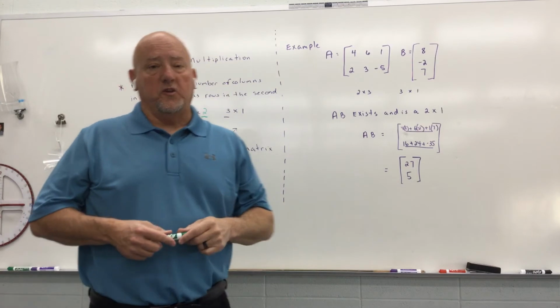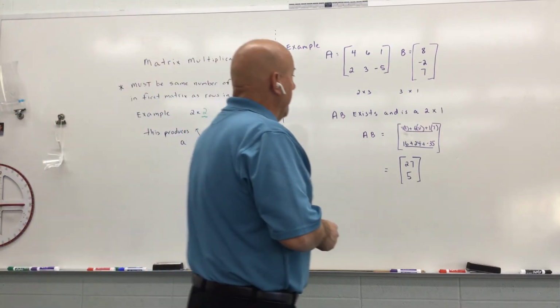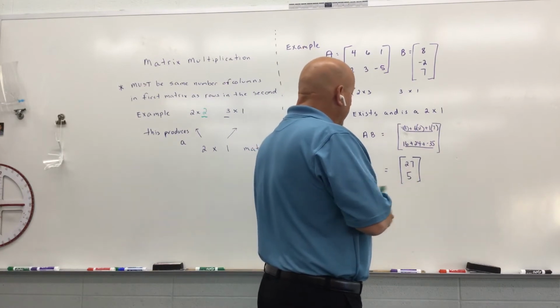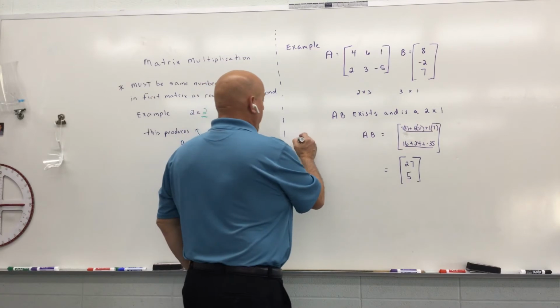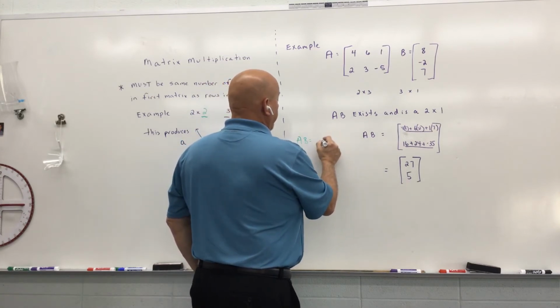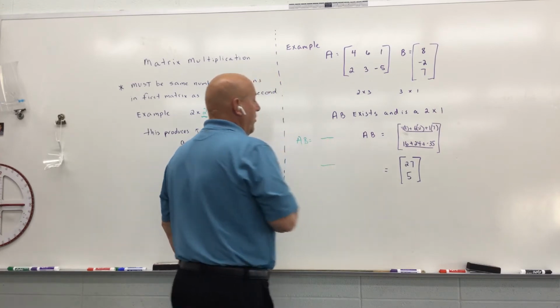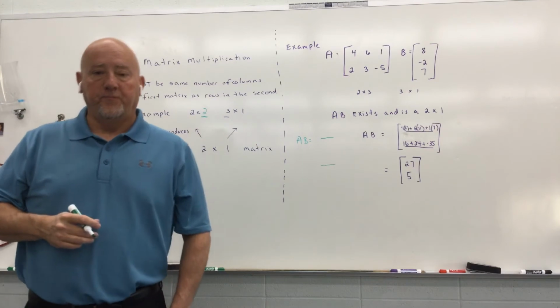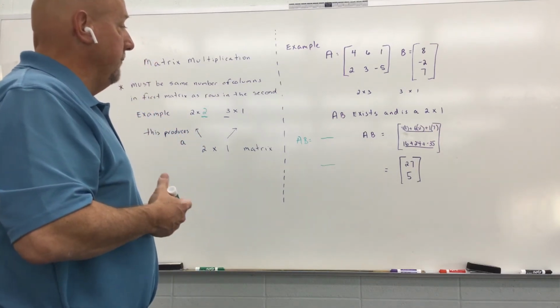So the product exists and it'll end up producing a 2 by 1 matrix. Now, when I have the 2 by 1 matrix, I always like to start off by just writing down what's going to be there. So a 2 by 1 matrix means I'm going to need 2 rows and 1 column. And that's going to be the product of AB.